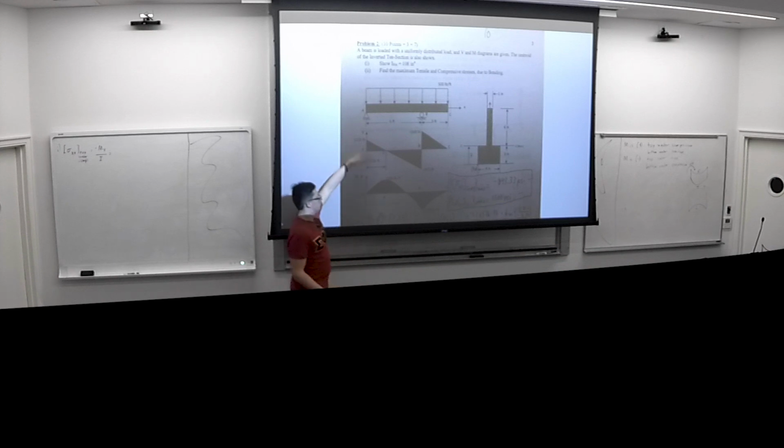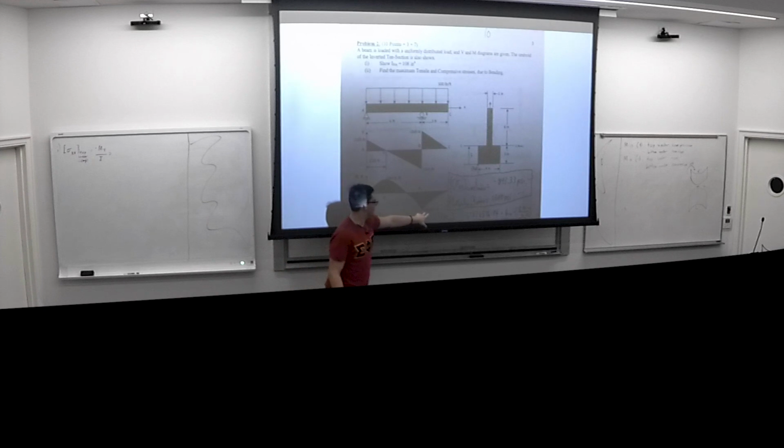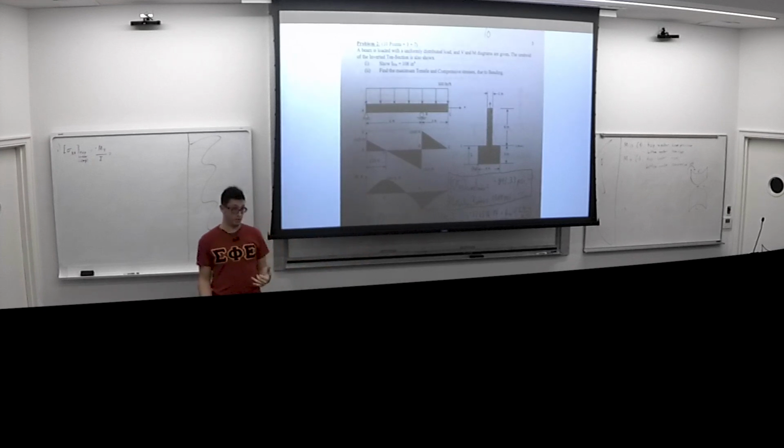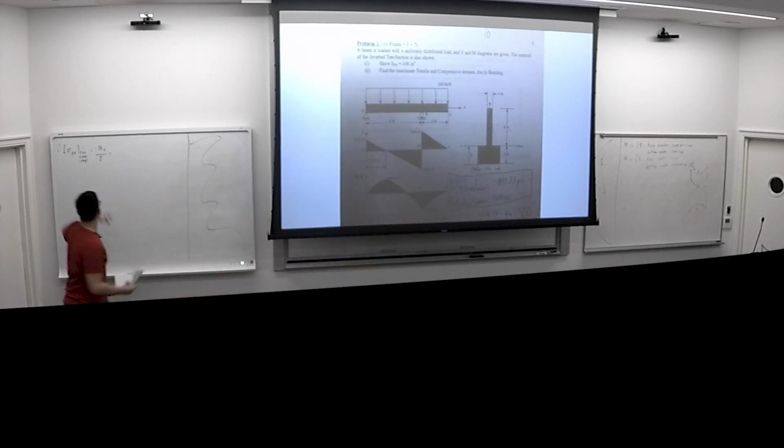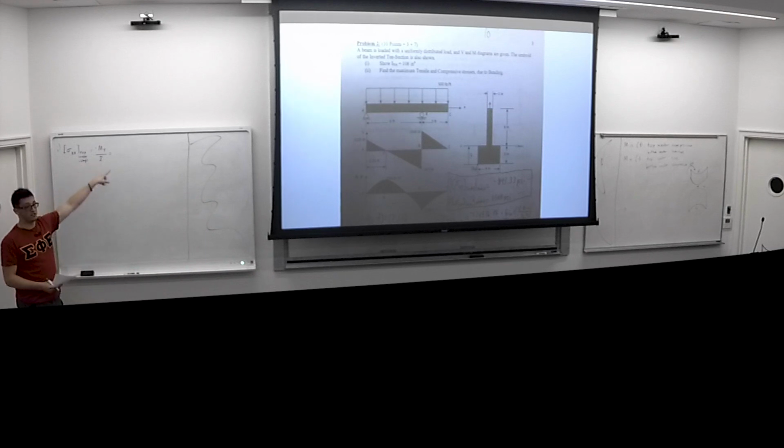So you draw a V diagram, you draw an M diagram. 1265 pounds times feet is your maximum positive moment, and negative 2250 pounds times feet is your maximum negative moment. So since the moment is positive when the top is under compression, we're going to use the positive moment here.